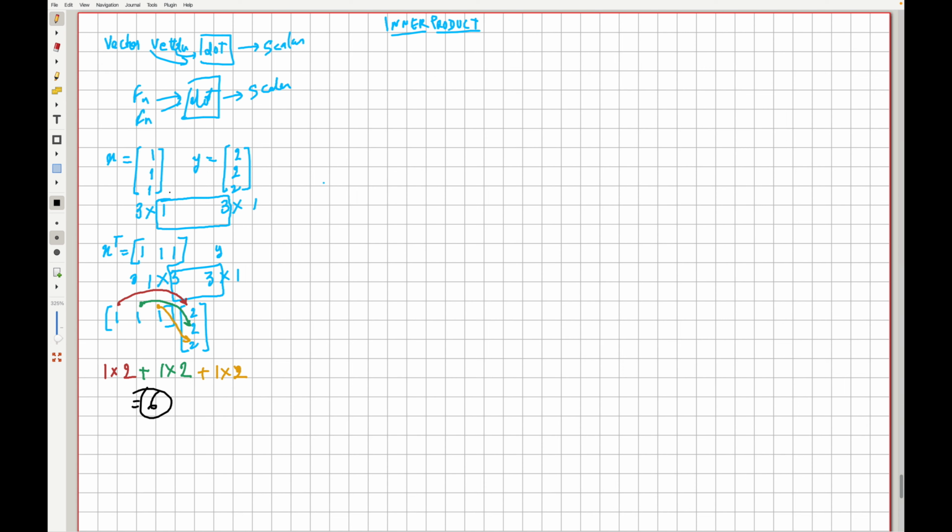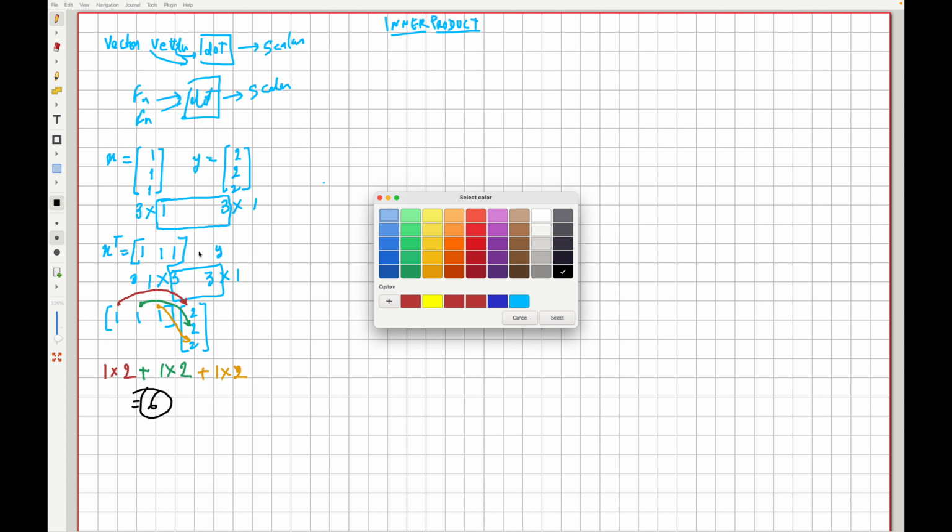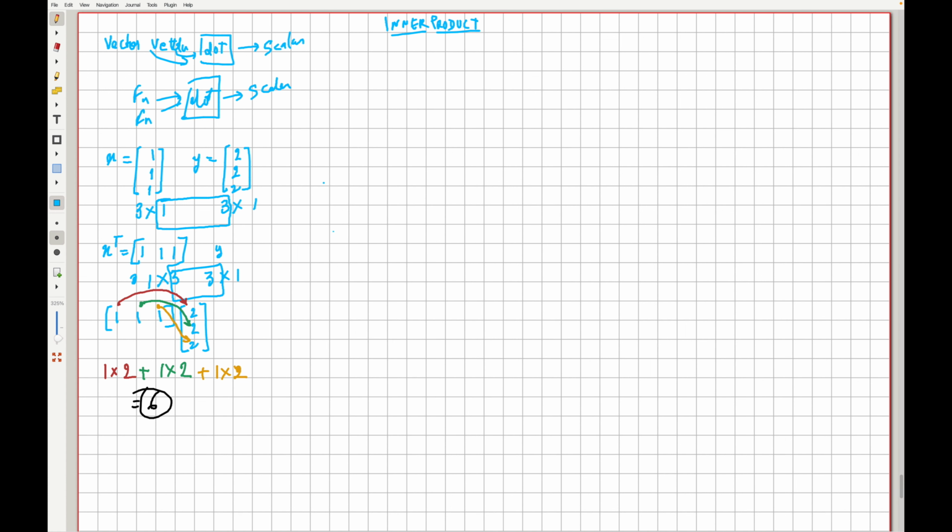Now along with this notion, there is a rule or a property that inner products must satisfy, and one of them we just talked about is as follows. It says that if we dot x with y, which can be written as x comma y in parentheses or x comma y in angle brackets, this needs to be equal to the dot product of y with x.